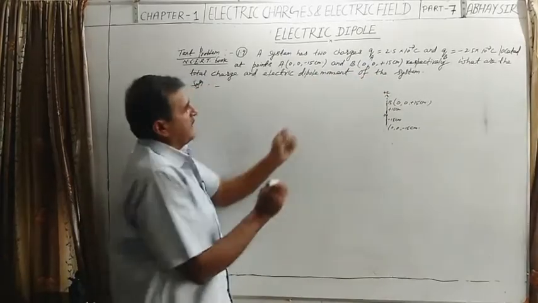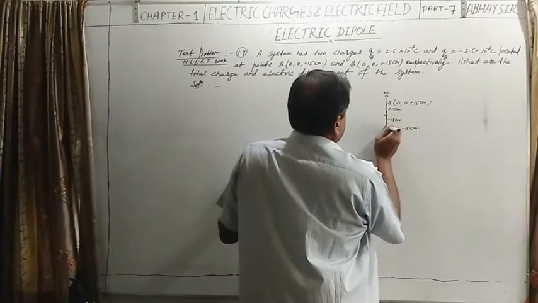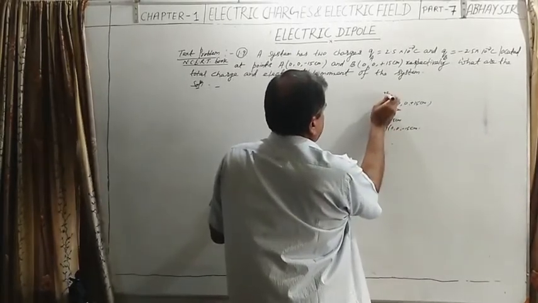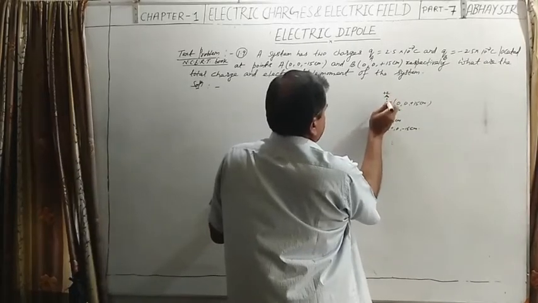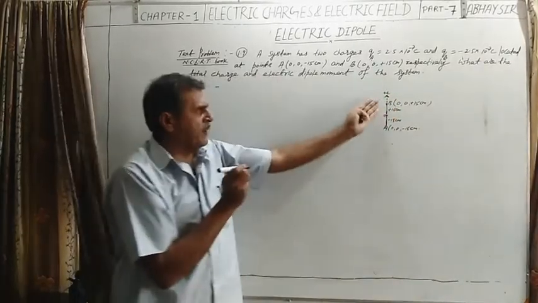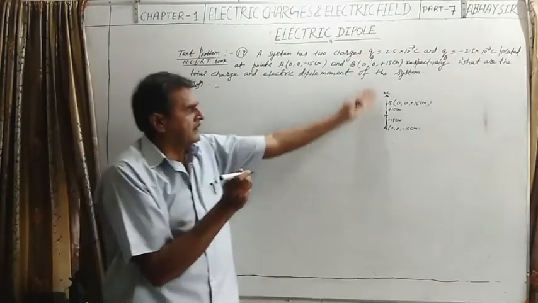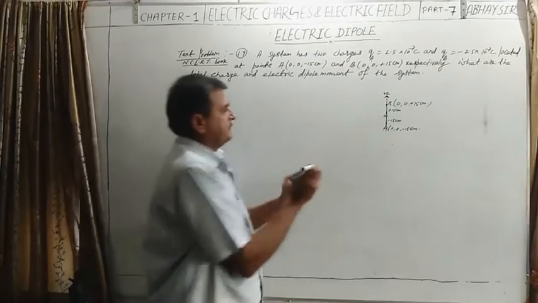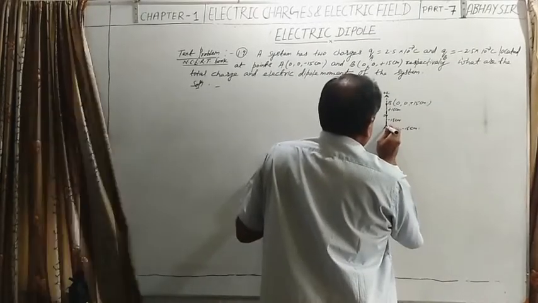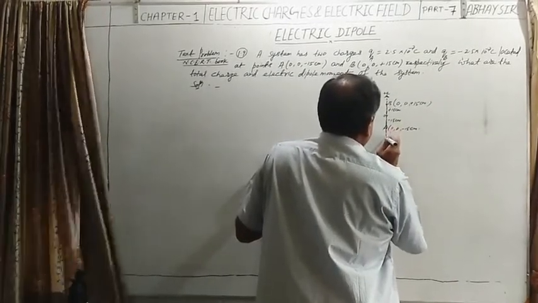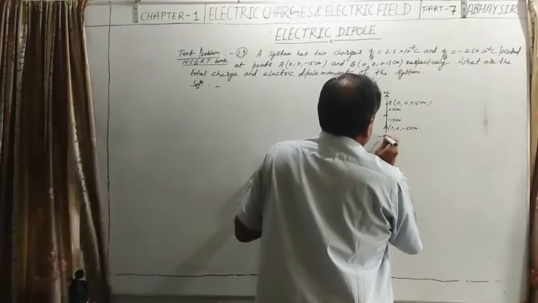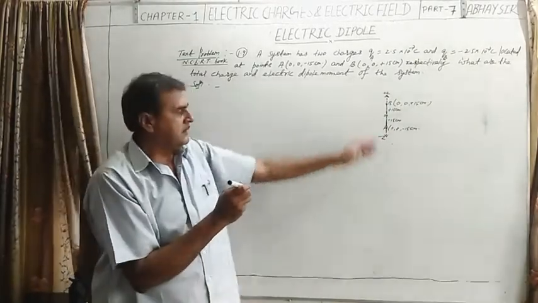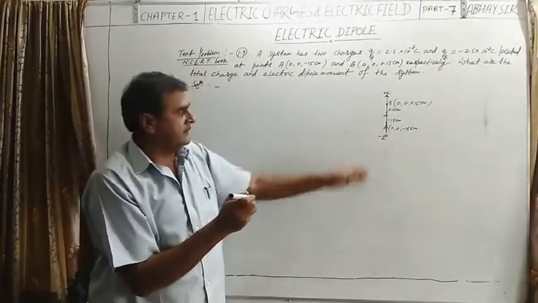This is A, and this point is B. The line is produced upward from B for the plus z axis, and produced downward from A for the minus z axis.